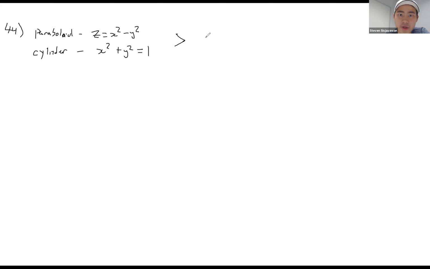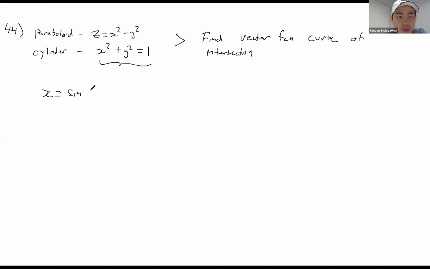And then same thing, you want to find the vector function of the curve of intersection. All right, so for this question, you can basically treat x as either sine theta or cosine theta and y as cosine theta, from the trick mentioned in the previous problem, right? And so that's my x and my y.